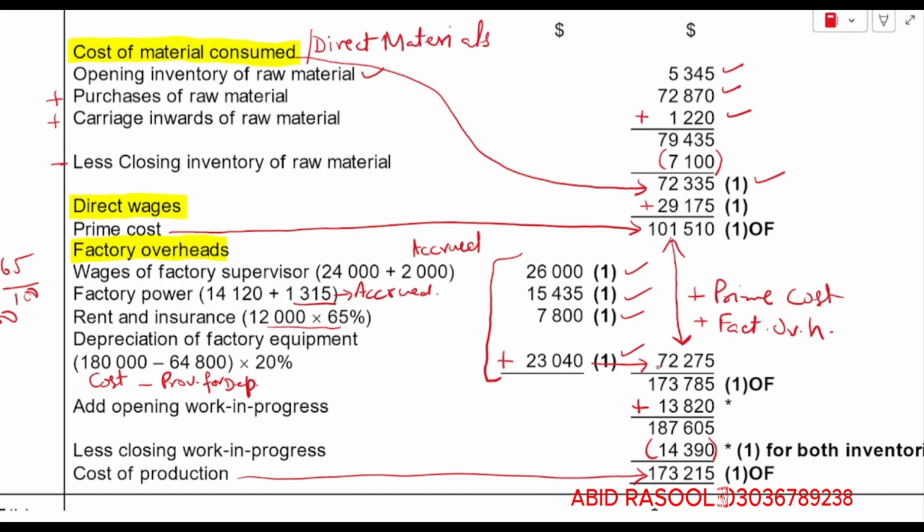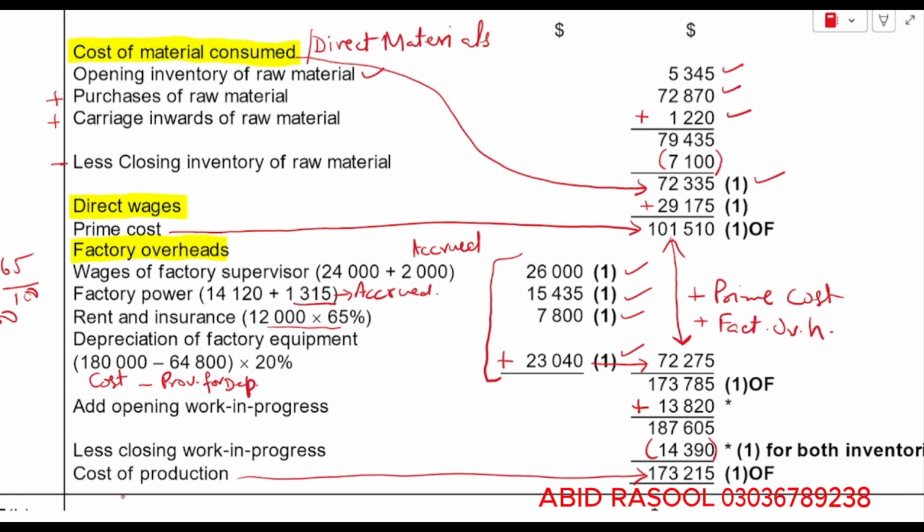For the addition there is no mark, but adding prime cost and factory overheads has a mark. If you add these two, you will get 1 mark for that. And then for showing work in progress treatment in the end, you will get 2 more marks. And then 1 mark for showing and labeling the cost of production.